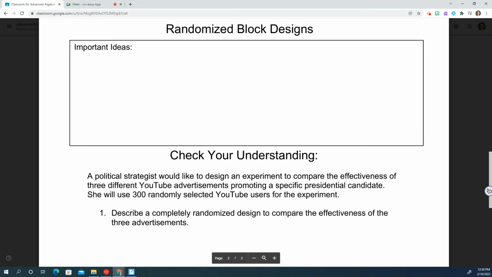Okay, so our important ideas, again, I'm not going to make you write out the definitions again. You can have them in your notes, and hopefully after that video you got a good visual.